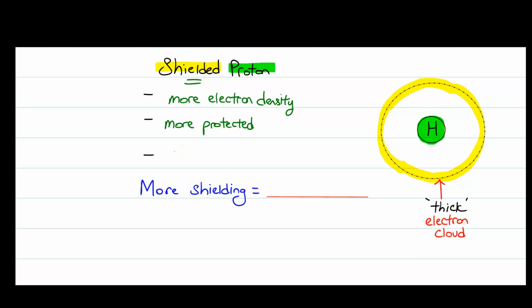A more shielded proton ends up appearing further upfield, which means further to the right on the NMR spectrum. More shielding equals further right. So when you hear the word shielded, your brain should immediately think more electron density, more protection, more towards the right.